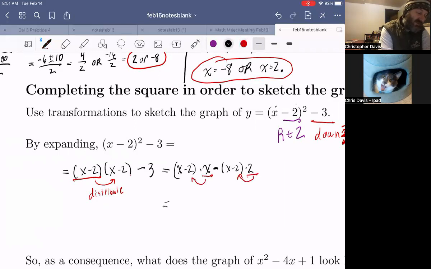Equals x times x is x squared. Negative 2 times x is minus 2x. Distribute the 2 and the negative sign, I guess, in. 2 times x is 2x, and it's subtracted. 2 times 2 is 4. There's a negative sign there and a negative sign there, so it becomes positive.